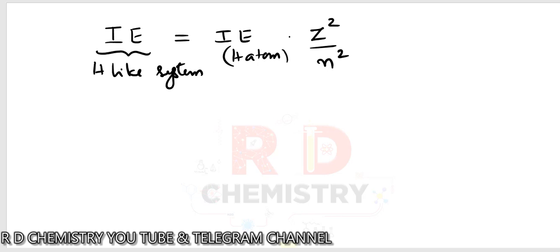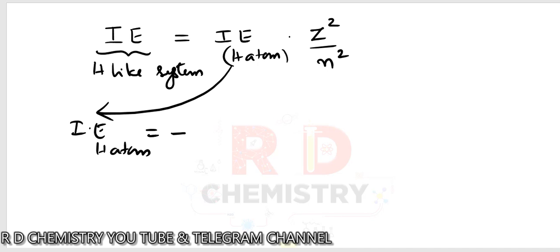This is the ionization energy of hydrogen-like species. The unit depends on the ionization energy. The ionization energy of the hydrogen atom is equal to minus of the energy of the electron in the first orbit.